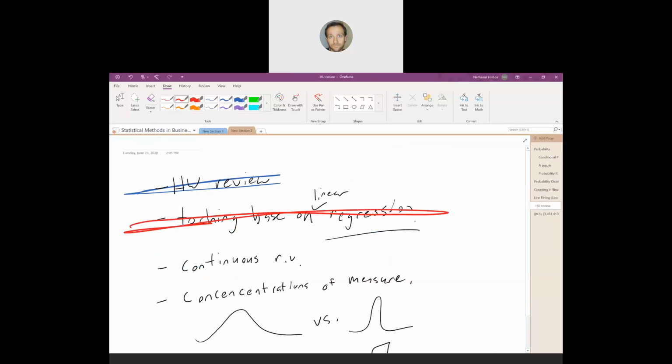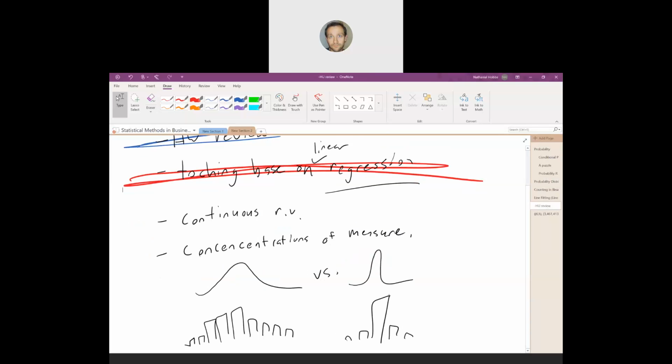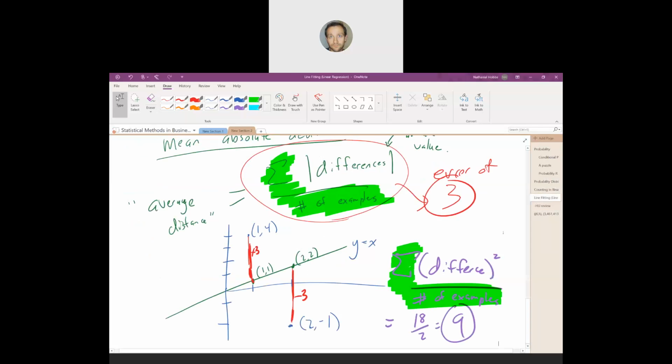So we're crossing out this one, touching base on linear regression. When we come back, we'll be going back to random variable kind of stuff. So for now, I'll leave this on the screen. Let's take a 15-minute break. We'll come back at 3:30.